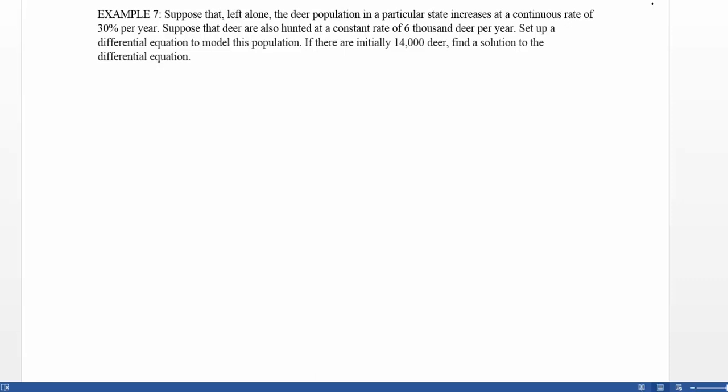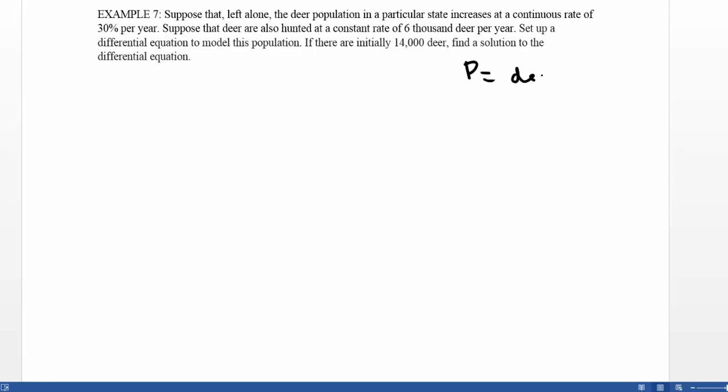So we already set up this differential equation in a previous section, but we'll do that work again. And then once we've set it up, we'll solve it, and we'll be able to find a particular solution because we have an initial condition. So the first step is to set up a differential equation that represents what's happening in this population. So I'm just going to define my variables over here.